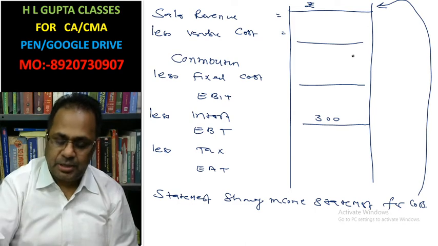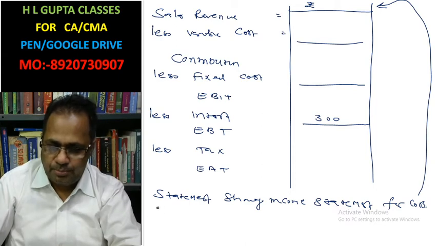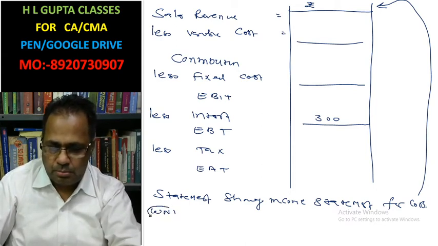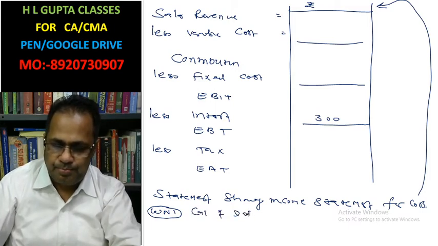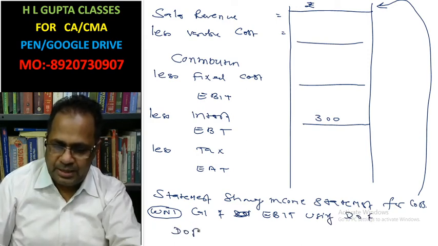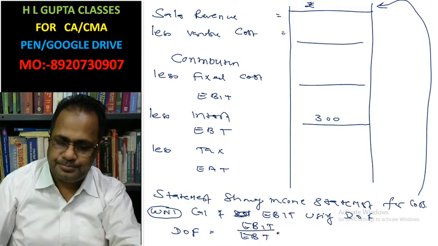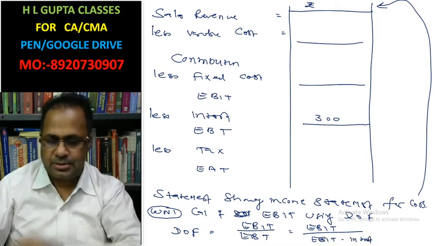That's why I am going to apply degree of financial leverage here. Working note first: calculation of EBIT using degree of financial leverage. Degree of financial leverage equals EBIT upon EBT. EBT is EBIT minus interest.